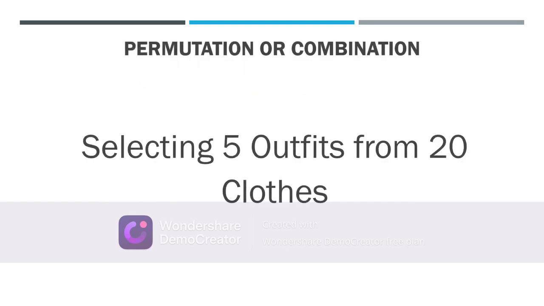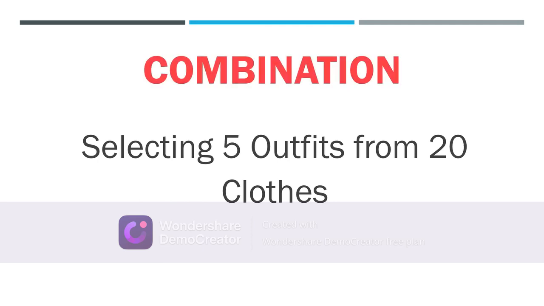Next, selecting 5 outfits from 20 clothes to pack for a trip. There is selection. This is an example of combination. The order of the outfits doesn't matter. You're simply choosing 5 pieces of clothing regardless of the order in which they are packed.